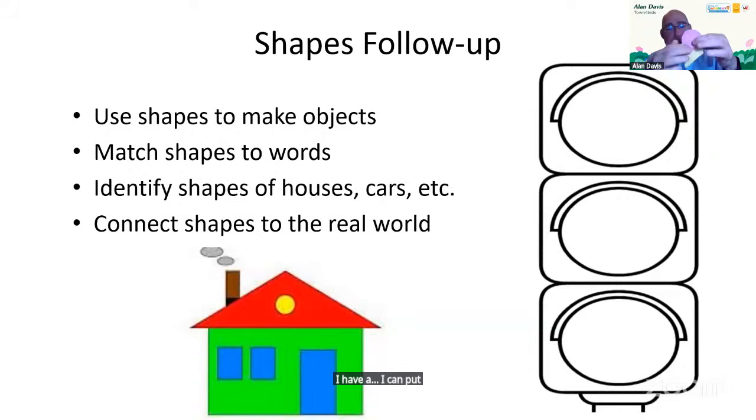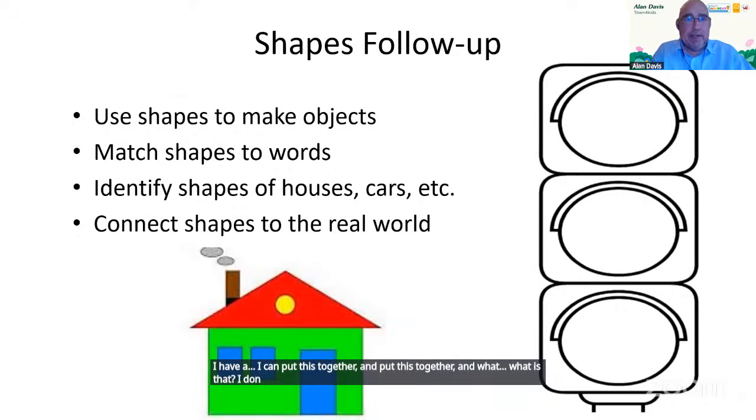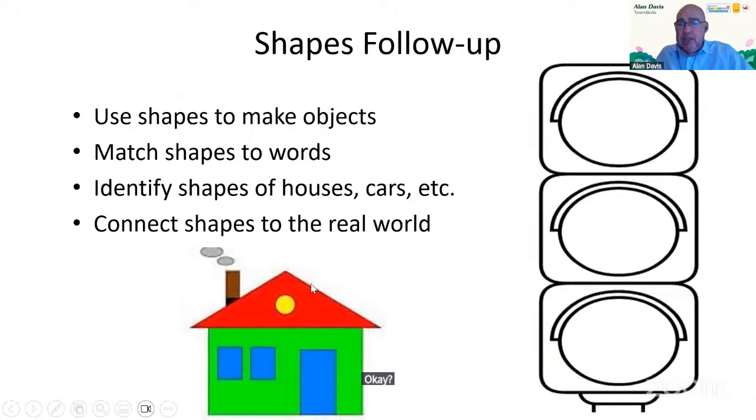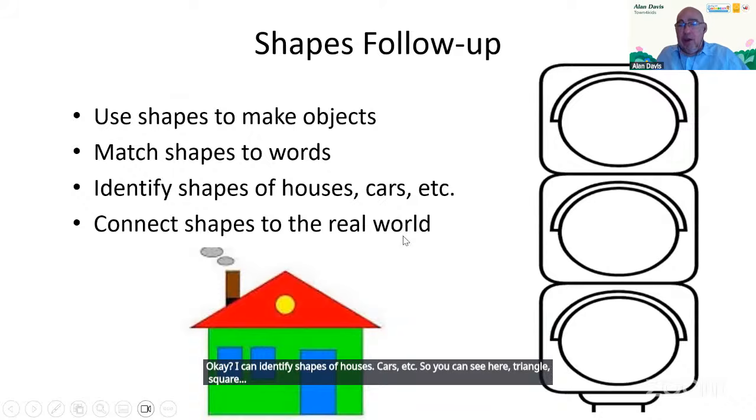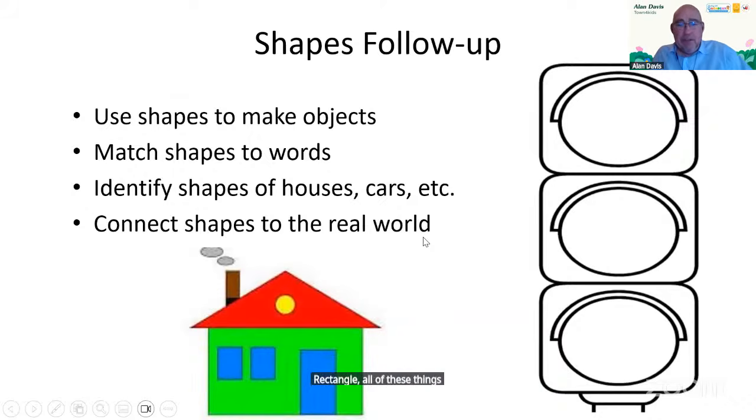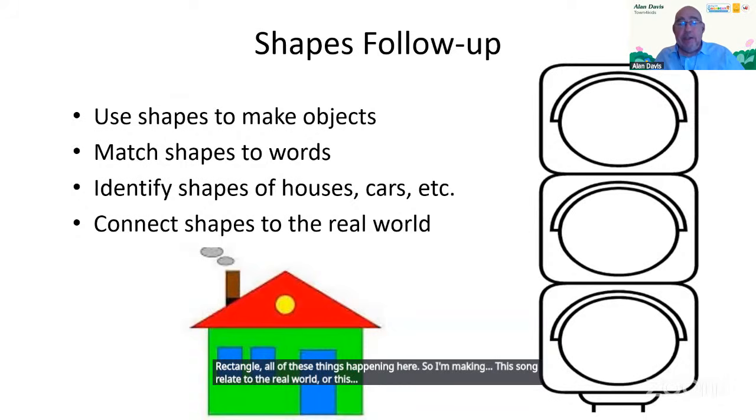So for example, I can put this together and put this together, and what is that? I don't know. What is that? Okay, I can identify shapes of houses, cars, etc. So you can see here, triangle, square, rectangle, all of these things happening here. So I'm making this song relate to the real world, or these vocabulary relate to the real world.